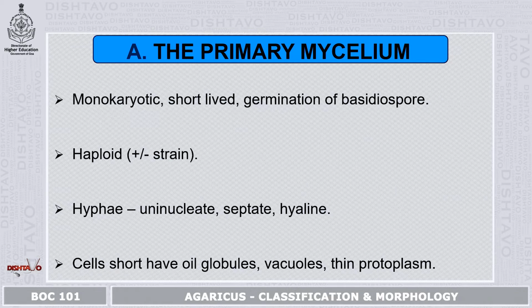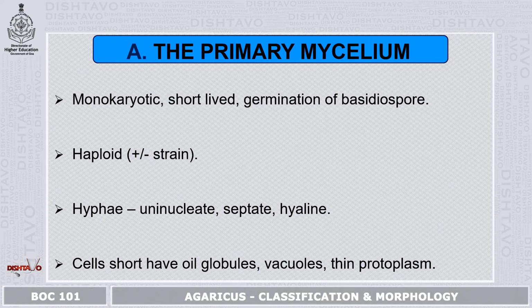Now, if the basidiospore is of a plus strain, you will have a primary mycelium of a plus strain. And if the basidiospore is of a negative strain, then the mycelium arising from it will be a negative strain primary mycelium.